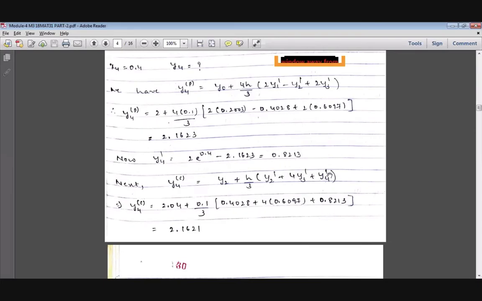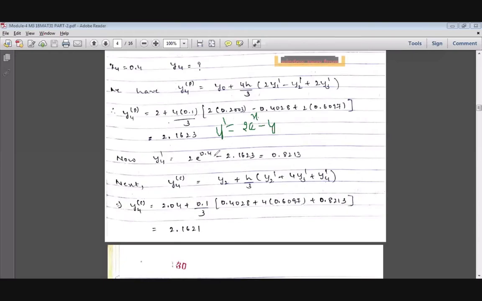All the data we have, only y4 dash we don't have. To find y4 dash, we have y dash as 2 e power x minus y.